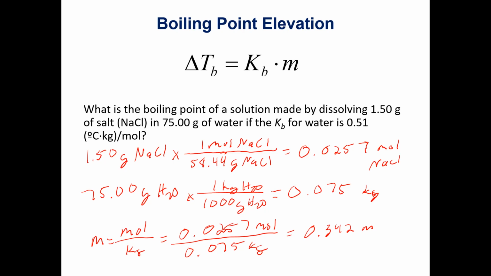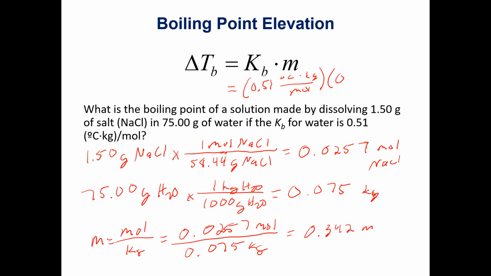So if we plug this back in, we have delta T is equal to the Kb, which is our boiling point constant, times molality. So our boiling point constant is 0.51 degrees Celsius times kilograms over moles.